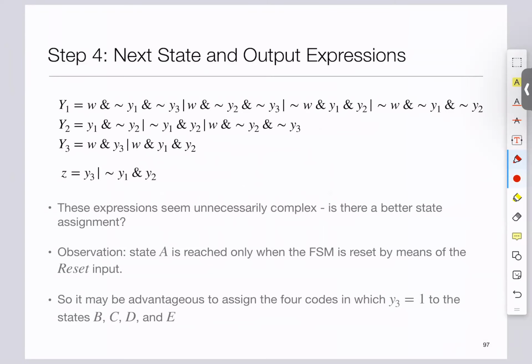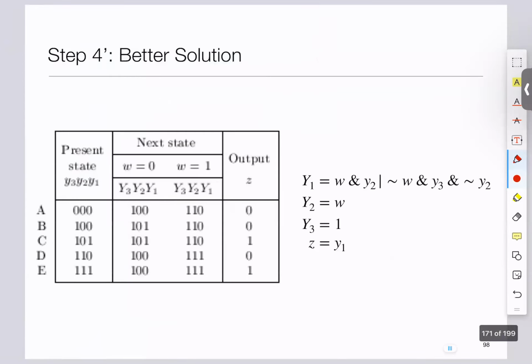Faced with this insight that I never go back to state A, other than when we initially start, usually for something like this, a clever state assignment can reduce the hardware. One has to play with it a little bit.